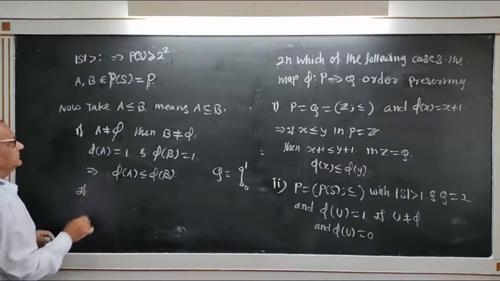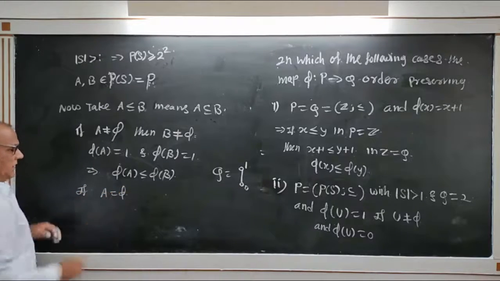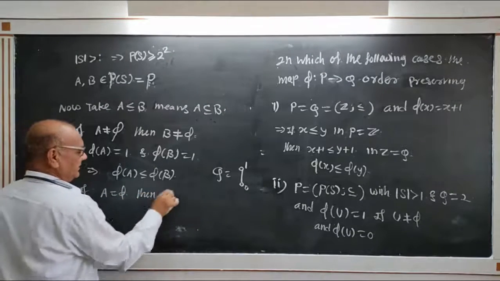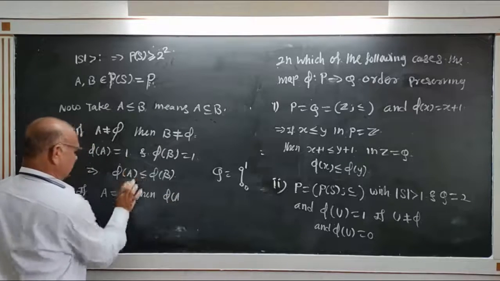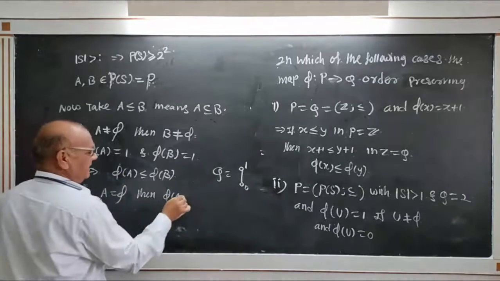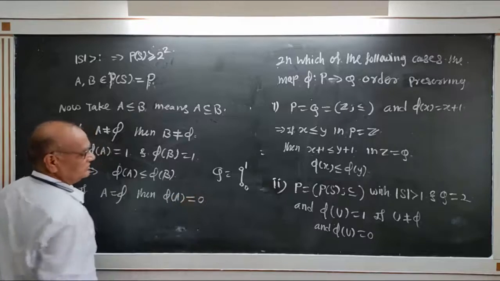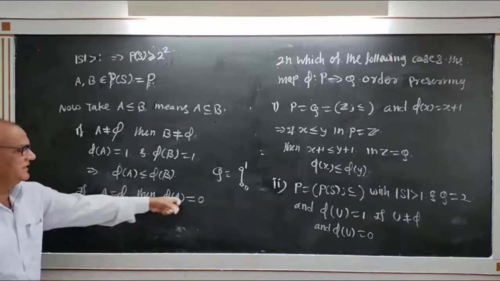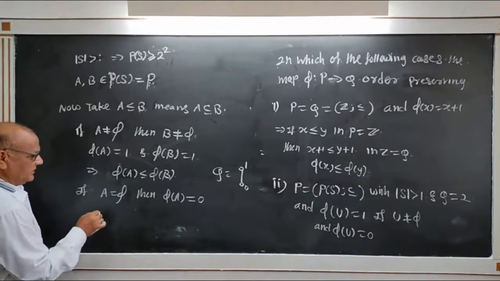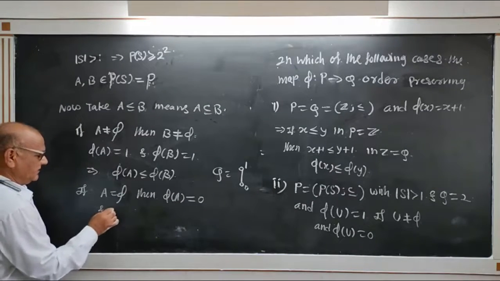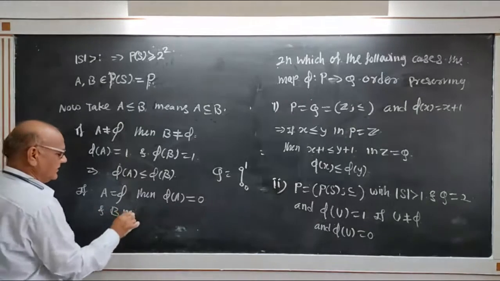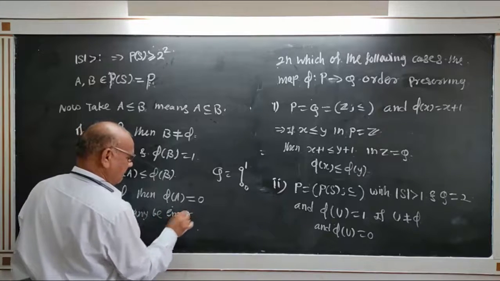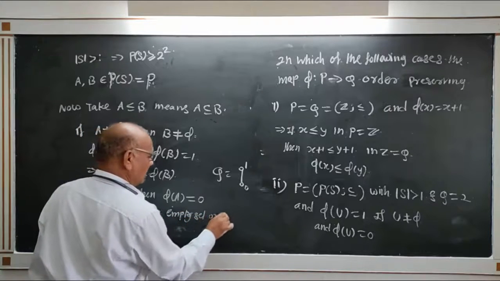If A is equal to the empty set, then phi of A is equal to 0. And B may be empty or non-empty.